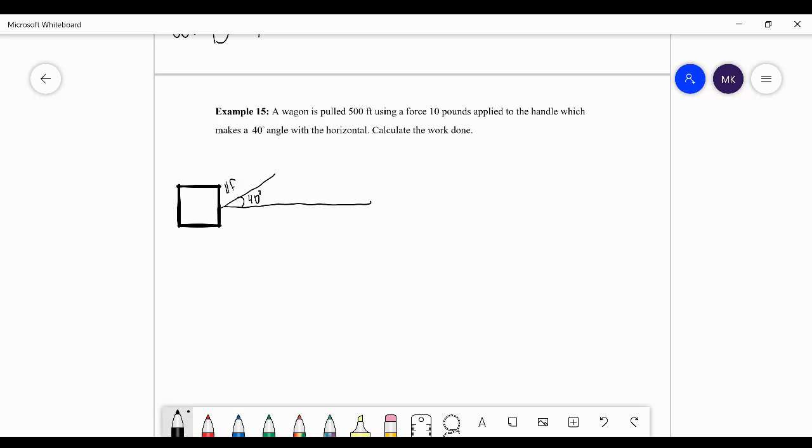And I know the magnitude of this force is 10. And this distance vector here has a magnitude of 500. Okay, so in this case, we don't necessarily just want to use the dot product, but we could if we had vectors representing these. Here, what we want to say is that the work being done is the magnitude of d times the magnitude of F times cosine of 40 degrees.